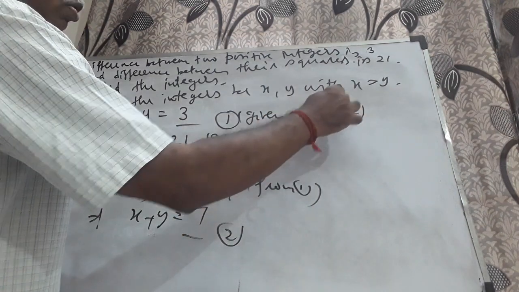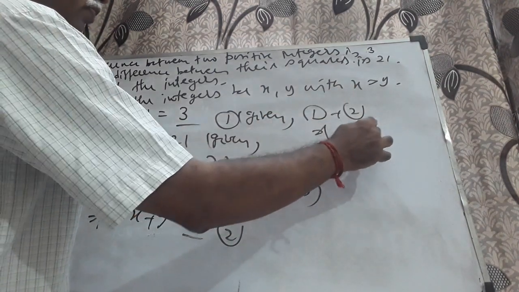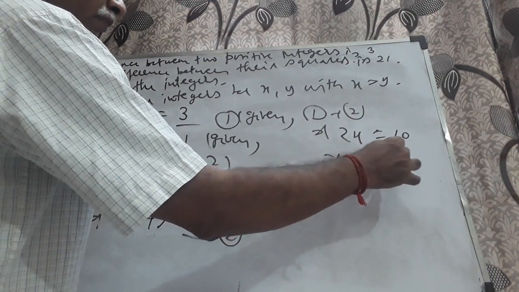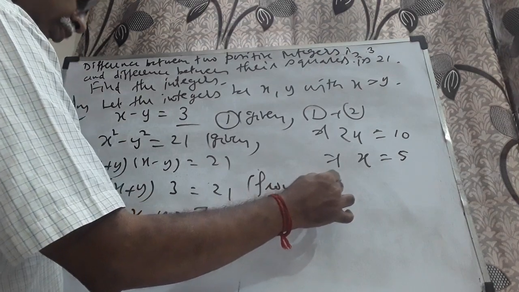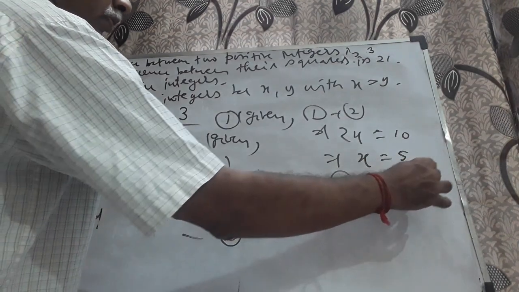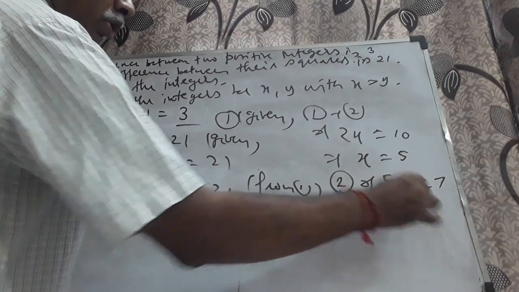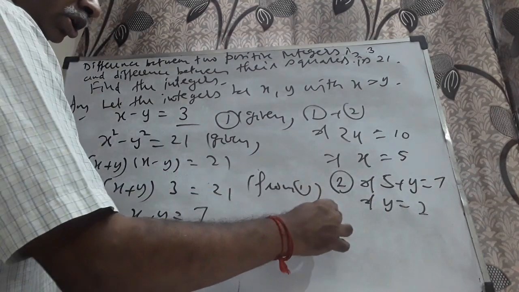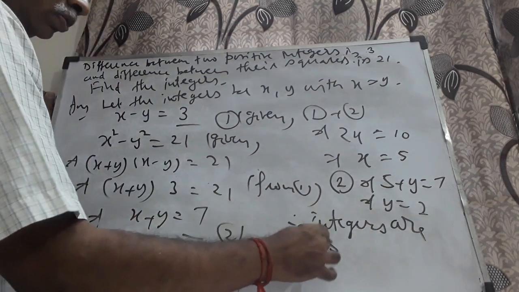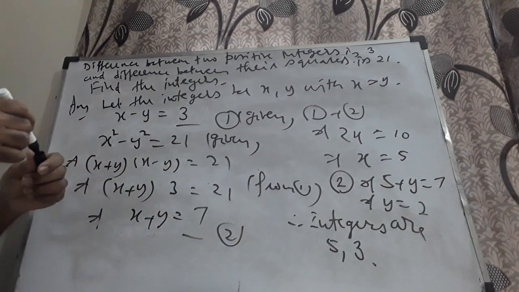Therefore, just add 1 and 2. 2x is equal to 10. Implies x is equal to 5. Therefore, from 2, 5 plus y is equal to 7. Therefore, y is equal to 2. Therefore, integers are 5 comma 3.